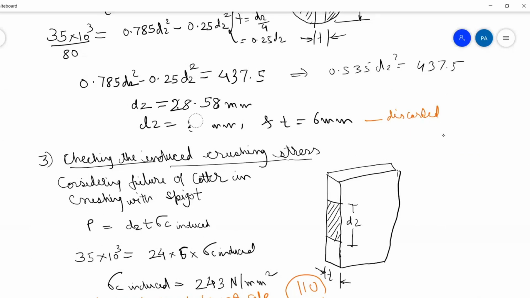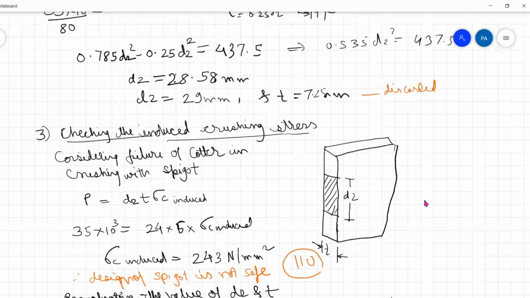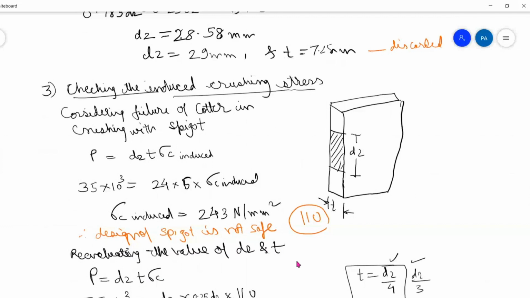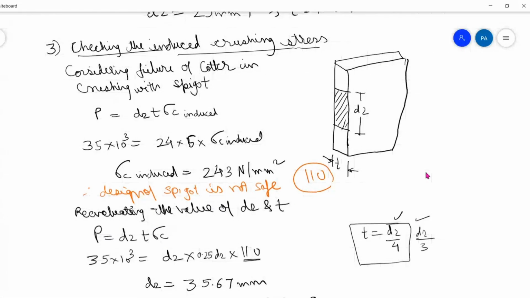So this will be 29 mm, and T is coming as 7.12, 7 point something. 7.25, sir. So we can consider 7.25. And if you substitute this value here, then how much is the induced value of sigma C? So we'll change this also now.